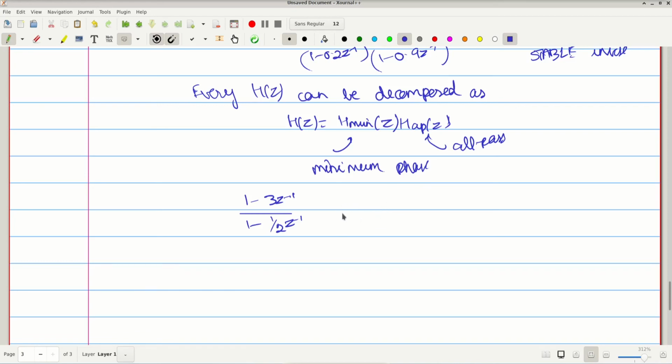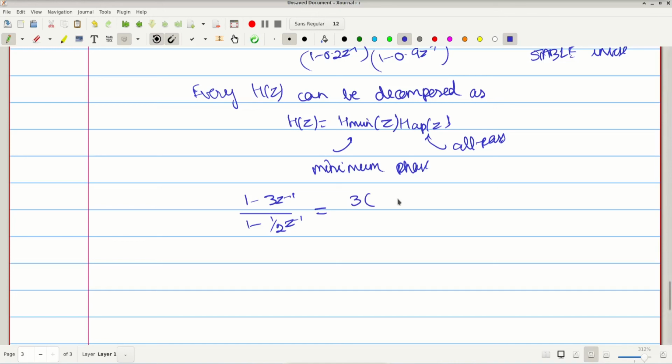So if you want to express this as a minimum phase system, I can do it by just making this small change. Since there is a 0 at 3, I'm going to consider the all pass system that has a pole at 3. Let me just do the manipulations and you will see.